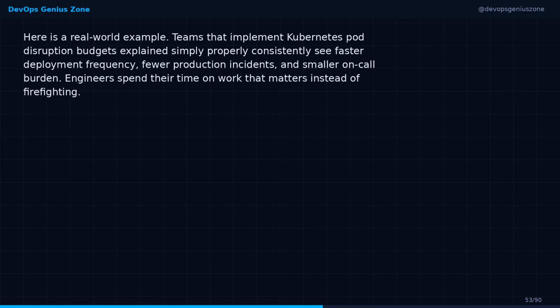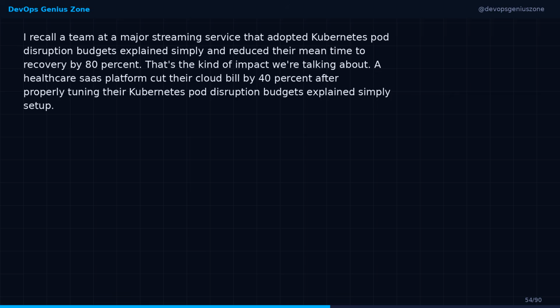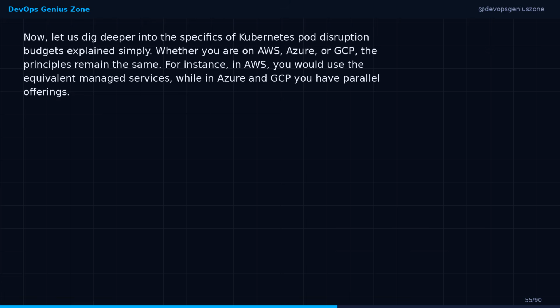Whether you are on AWS, Azure, or GCP, the principles remain the same. For instance, in AWS, you would use the equivalent managed services, while in Azure and GCP you have parallel offerings. But regardless of the cloud provider, Kubernetes Pod Disruption Budgets explained simply enables you to ship features faster, recover from failures in minutes, and scale your infrastructure dynamically.